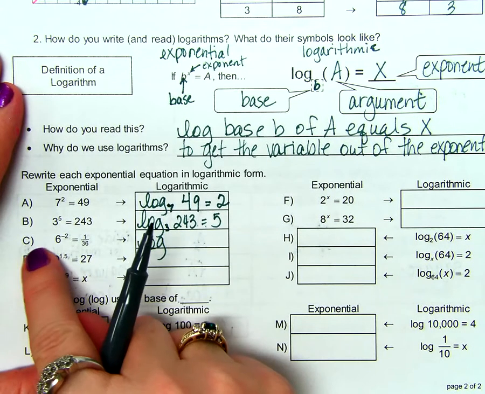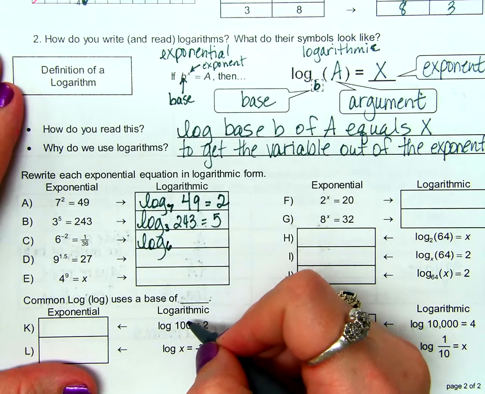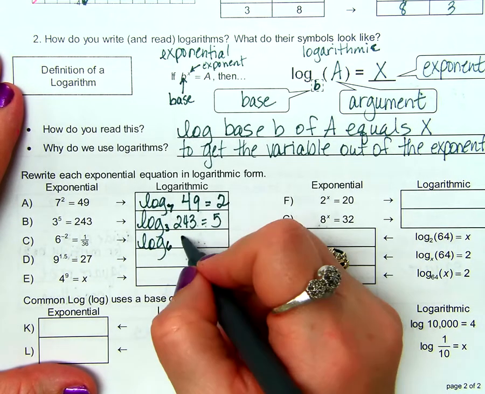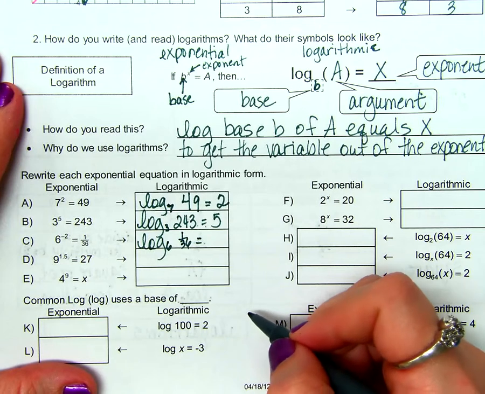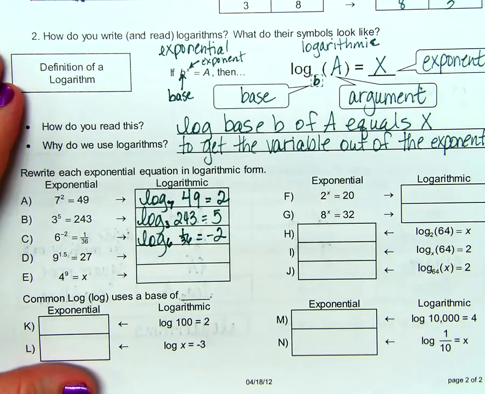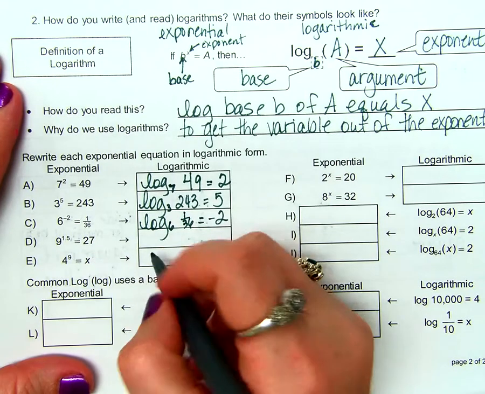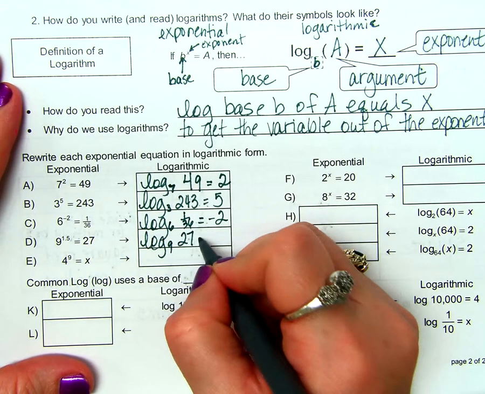We're on C. Log base 6 of 1/36 equals, thank you. What about D? Okay. Log base 9 of 27.